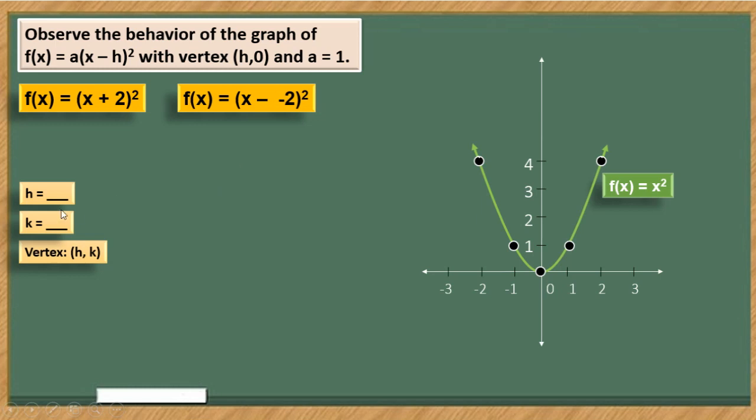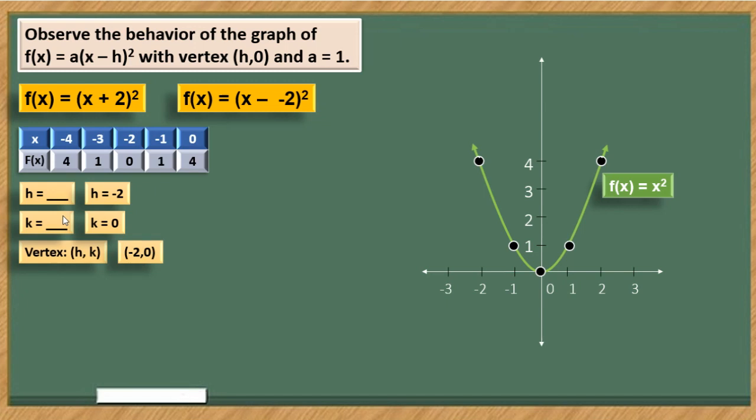So therefore, the value of our h is negative 2 and the value of our k is 0. Now, the quadratic function has its vertex at the point with coordinates negative 2 and 0. So let's look at the graph.